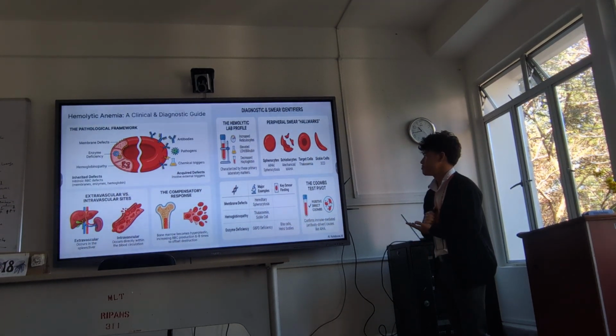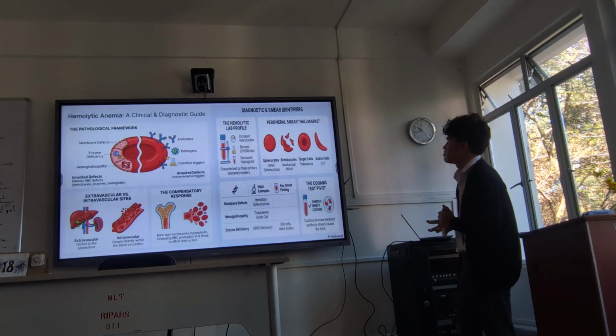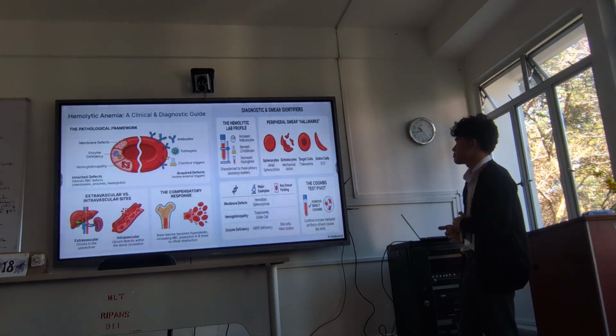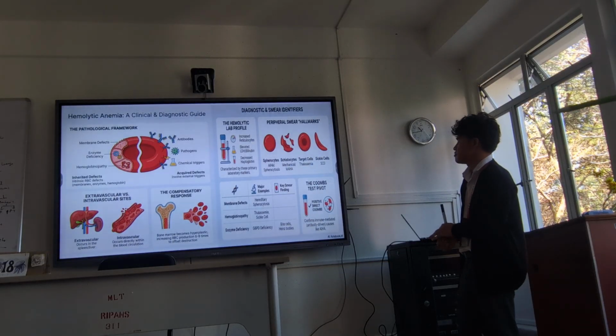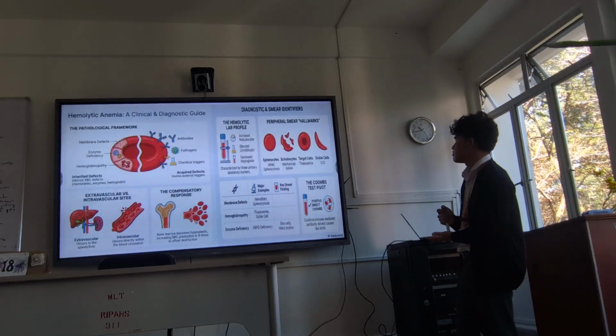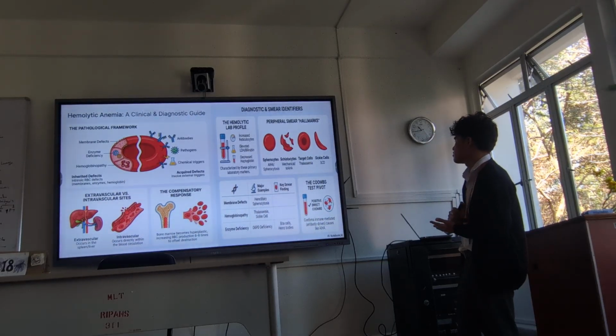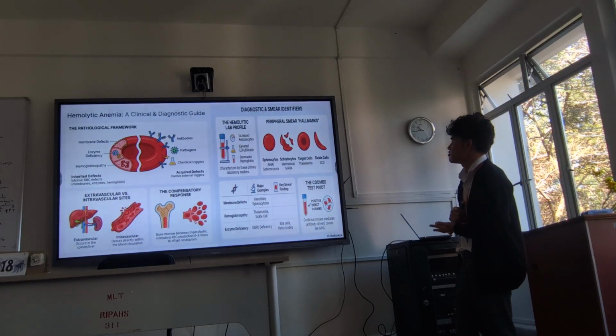Coming to extravascular, problems can be due to abnormal antibodies, attacks by pathogens, or drugs and chemicals. Extravascular causes involve the liver, spleen, or macrophages. The bone marrow can also be affected. Then intra, obviously, is the blood vessel.